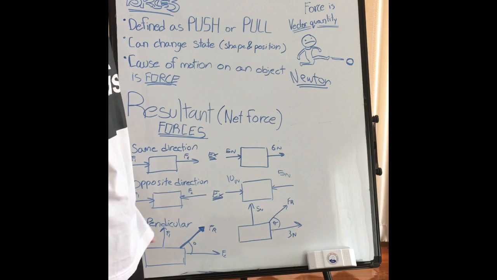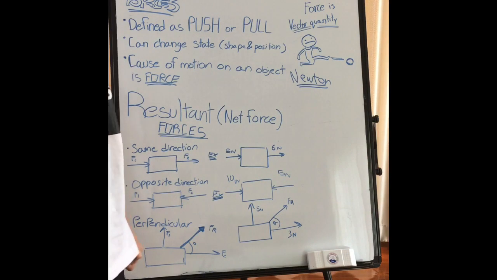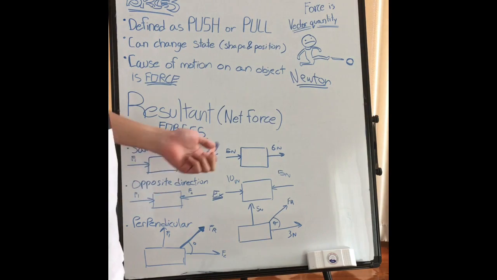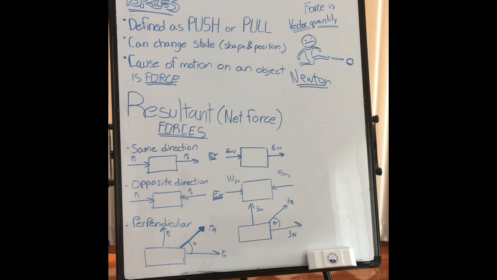So moving on to the next is resultant force, or we just call net force. If the forces are in the same direction, we need to combine F1 and F2 together to get the resultant force.